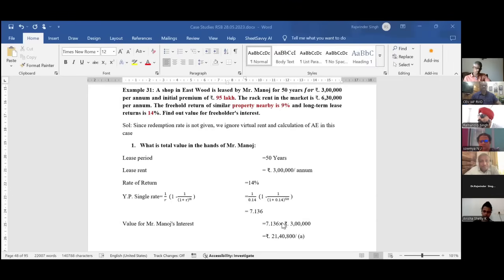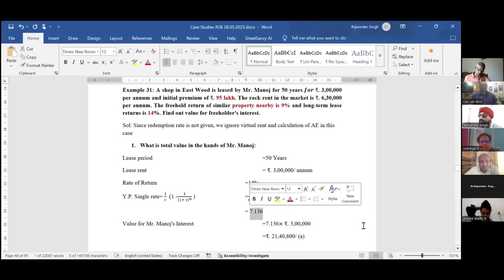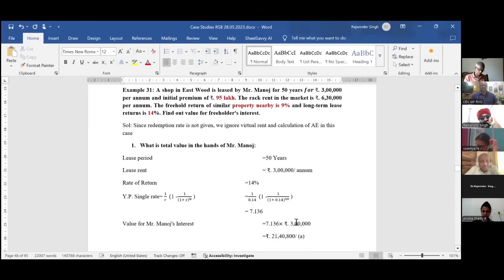सर आपने यहाँ पे what have you found out here? What is this 7.136? If we put 1 instead of 3 lakhs, it will give the same figure, 7.136. So basically, what he is getting every year?